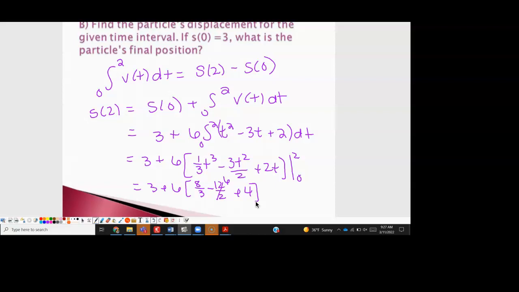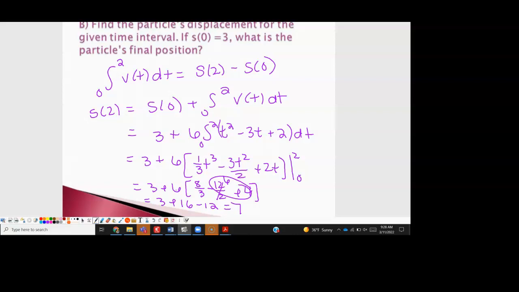At this point, I'm distributing my 6, because what's it going to do to the 3? Cancel. So I would take 3 plus 6 divided by 3 is 2. So 2 times 16 is 8. And then I would have manipulated that to be negative 2 times 6. So 16 minus 12 is 4. 4 plus 3 is 7. So the final position after 2 seconds is 7.